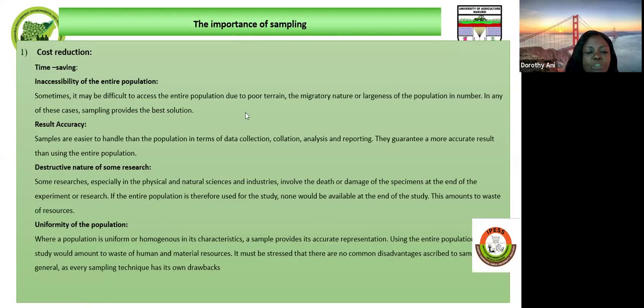Then uniformity of the population: where a population is uniform or homogeneous in its characteristics, a sample provides accurate representation. So using the entire population amounts to a waste of resources and human effort.